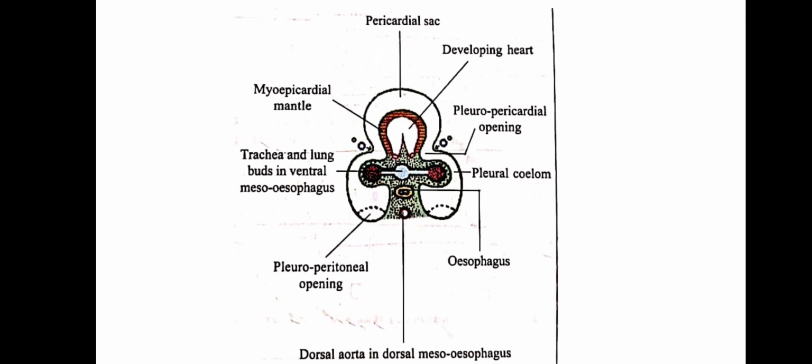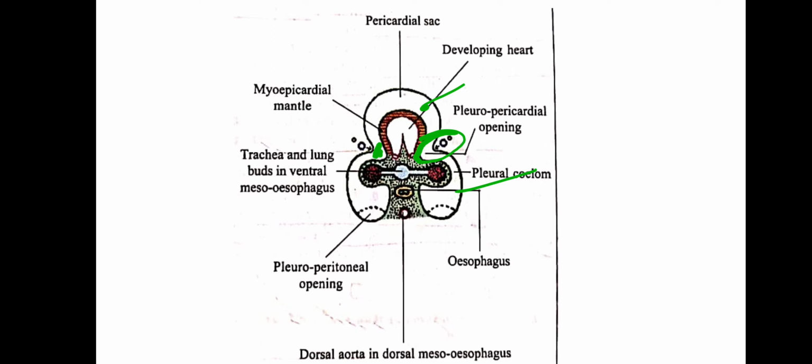But as lung buds are evaginating into the body wall, there is invagination. There are two openings. What are the two openings? Between the pericardial cavity and the pleural cavity, you have the pleuropericardial canal.